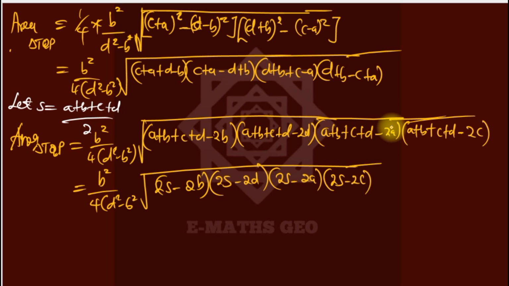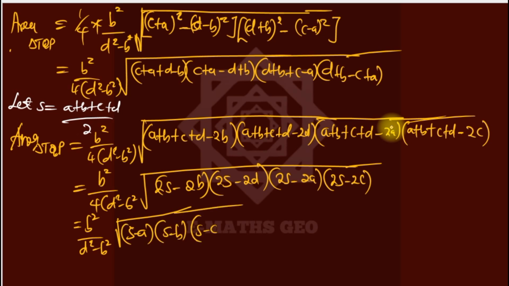And we can easily see that we can factor 2. 2 is common in each of them. So 2 times 2, 4 times 4, 16. The square root of 16 is 4. So we are left with d squared minus b squared, because the 4 will cancel out the 4 down. Square root of (x − a)(x − b)(x − c)(x − d).